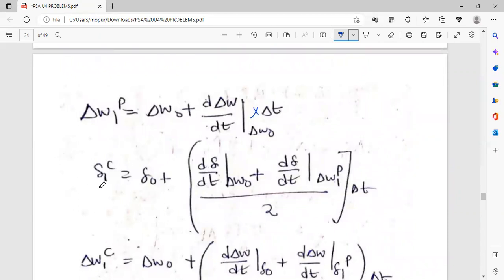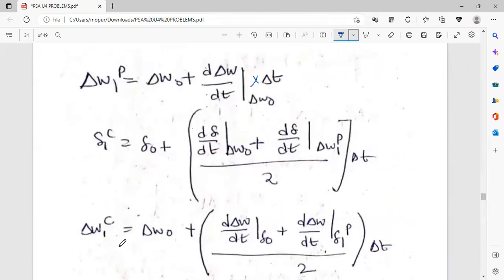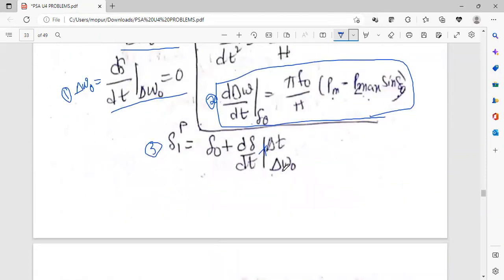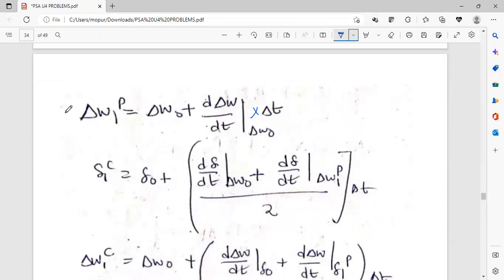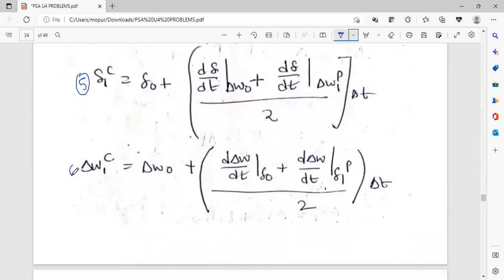You should find the value of del 1c and del omega 1c. You should remember this formula. This is the first formula, second, and this is the third formula. And then this is the fourth formula. This is the fifth formula. For solving a modified Euler problem, you should remember all these six formulas.